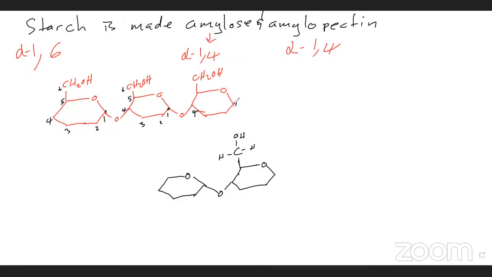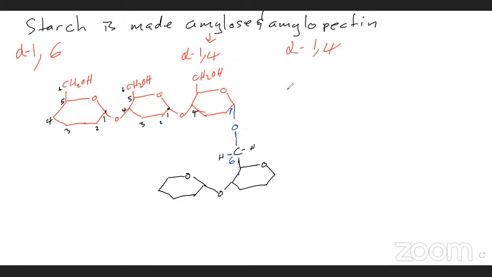CH2OH. And remember this carbon 1, it has an OH group, right? So you're removing the OH and H. So this is carbon 6, this is carbon 1. And that is how you get the 1,6. Let me just draw a line here for the oxygen.